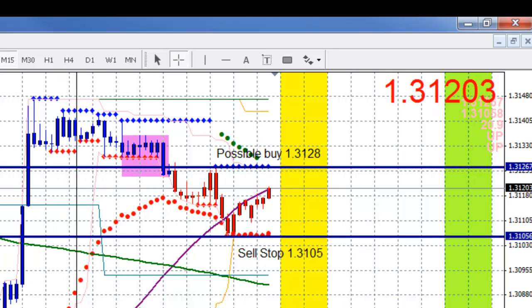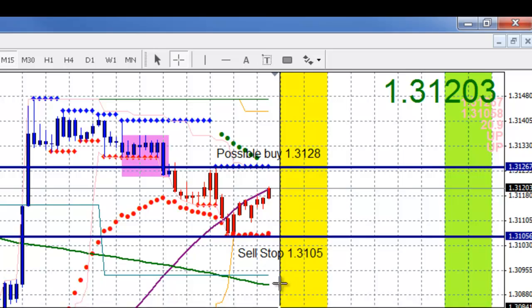This is my area of support, the top of the Asian box yesterday. This is where I expect to take profits on the short that we planned for today.